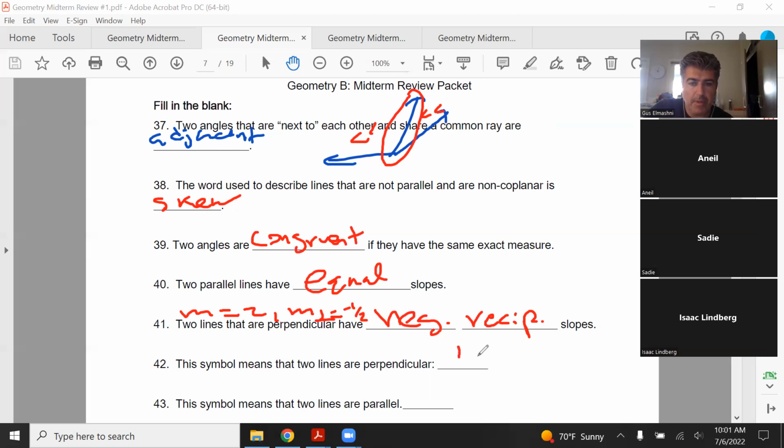This symbol means perpendicular. This symbol means parallel. You could have it straight up like that too. You don't have to have it slanted, but have it slanted so it doesn't look like an 11. So 42, 43, you got that right there. 37 to 41, all those problems should be good.